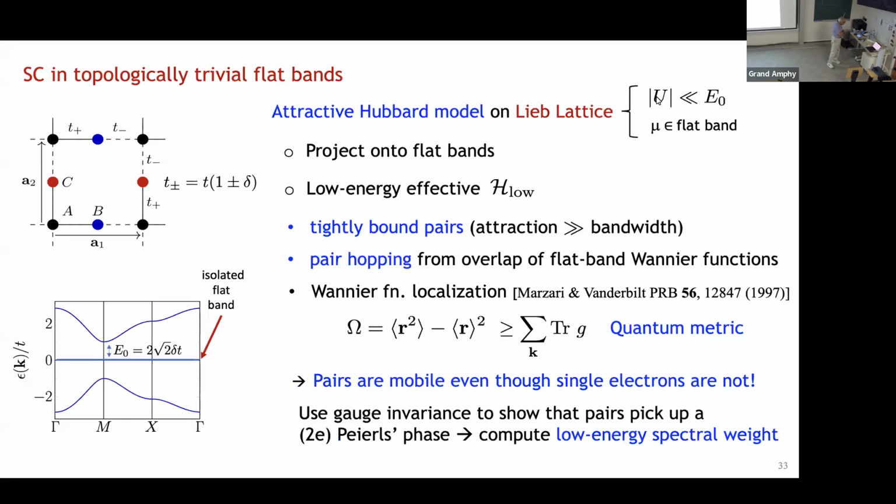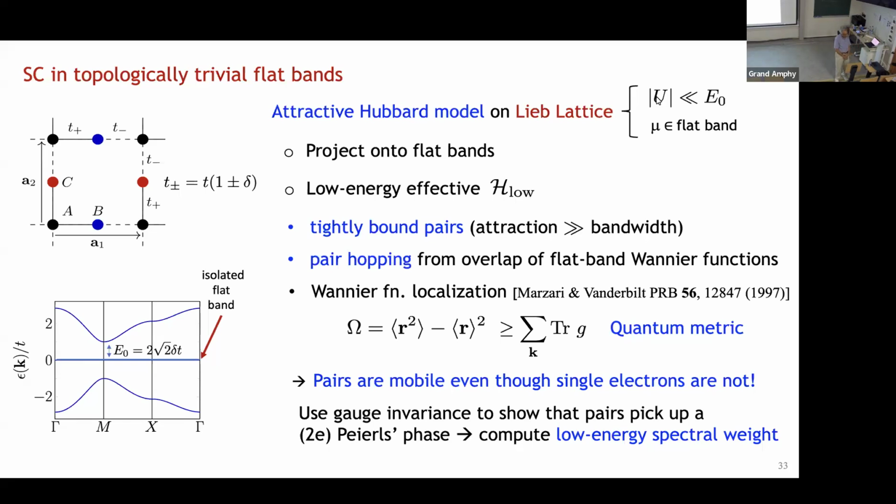Okay. So the pairs are mobile, even though single electrons are not. And we can use gauge invariance in very detailed form to compute how the vector potential couples to this low energy effective Hamiltonian.